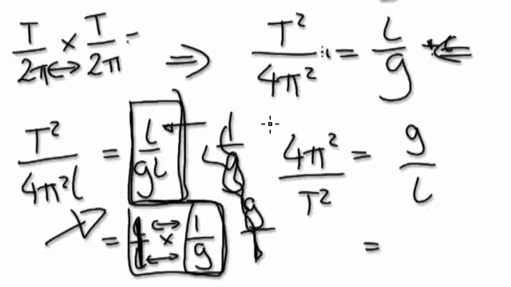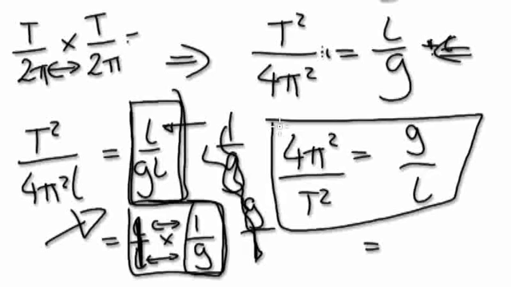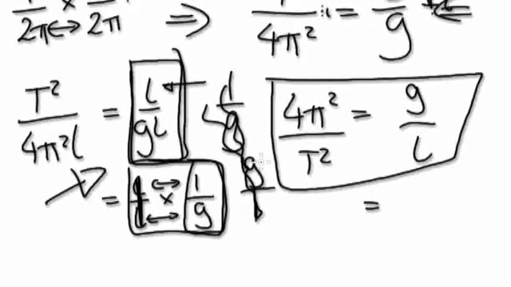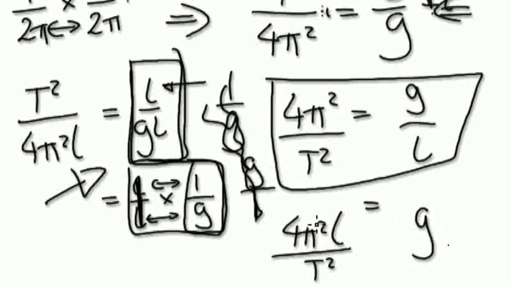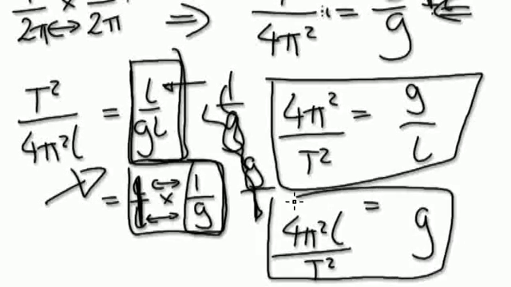So now we are here. Now to get G on its own, multiply both sides by L. So you will have 4 pi squared L over T squared equals G on its own. So G equals this. Now we can substitute.